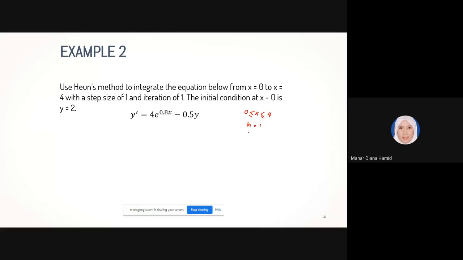And it says that the initial condition is 2. Also I would like to add that, using analytical analysis, y can be solved using this.